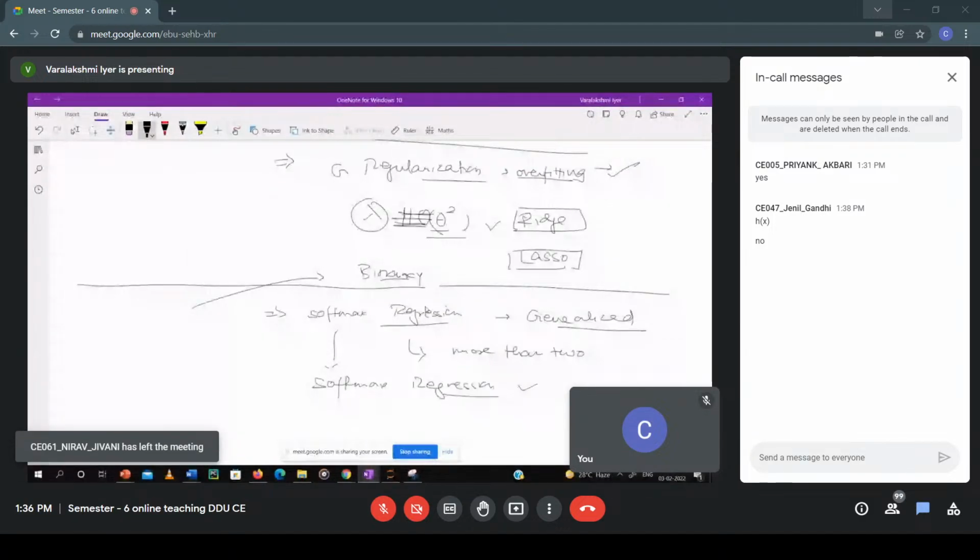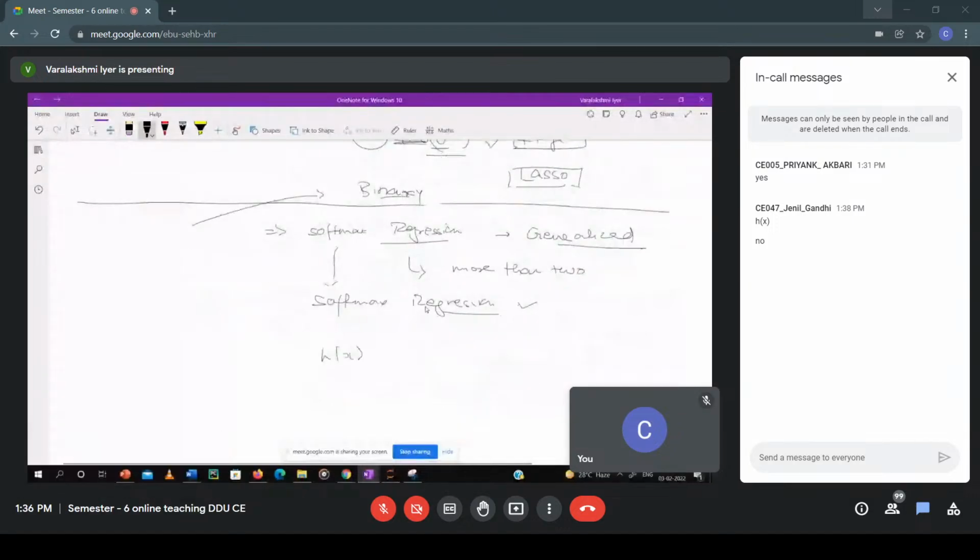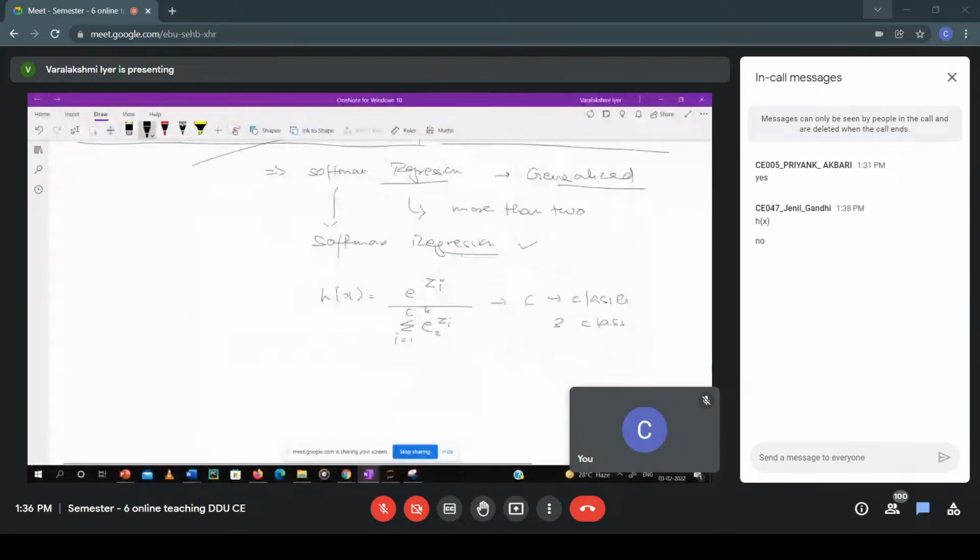So what is softmax regression? In this case, your hypothesis function is defined as h of x equals e raised to zi upon the summation of i equals 1 to c of e raised to zi, where c refers to the classes. For example, if you have a 3-class classification, then your h of x, that is y hat, your output hypothesis, will give you 3 values.